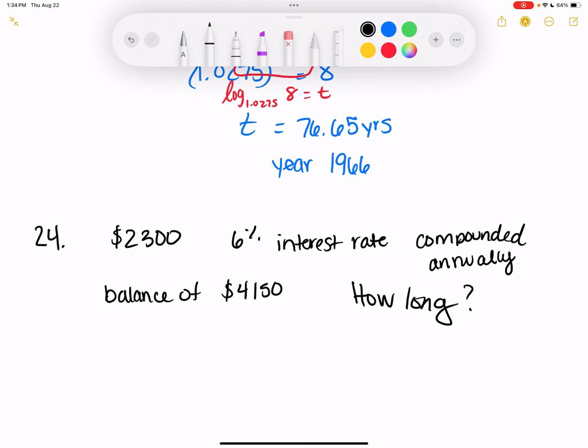So basically, we do this problem the same way we did the last one, like part B of the previous one. So we have 4,150 equals 2,300 times (1 plus 0.06) raised to the t, and yada yada yada.